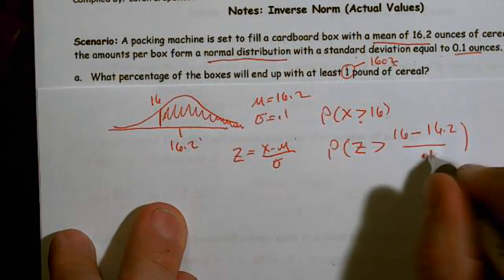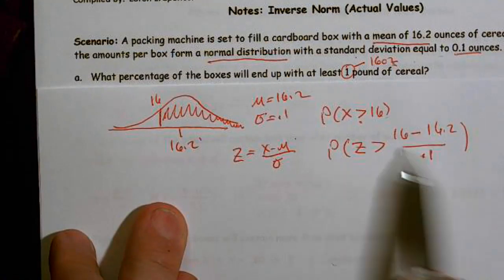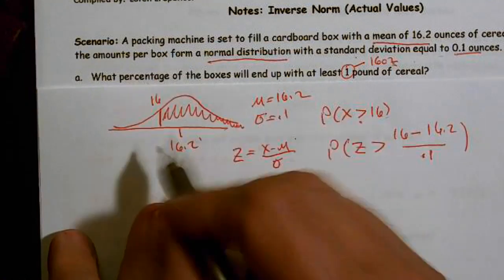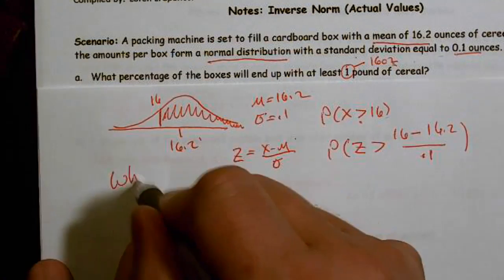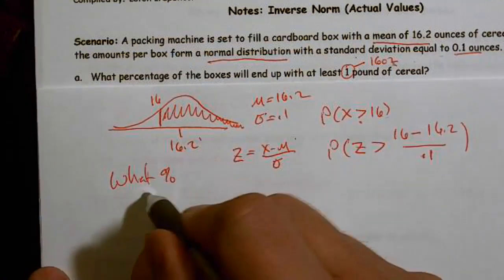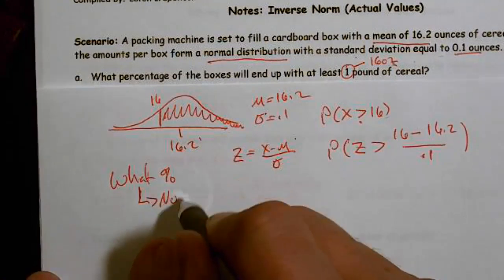The question is, am I using an inverse norm or norm CDF? Since I have everything, and since it says what percentage, I'm going to use a norm CDF.